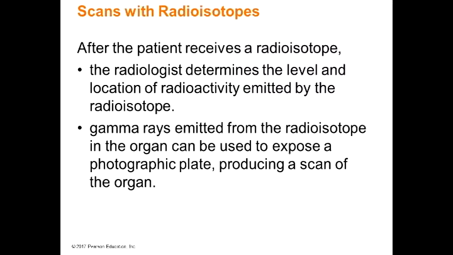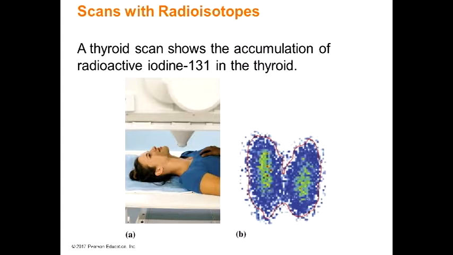It allows them to take a photograph of it. A thyroid scan shows accumulation of iodine-131 in the thyroid. And it's color coded now.